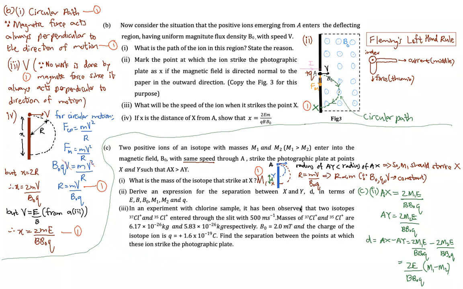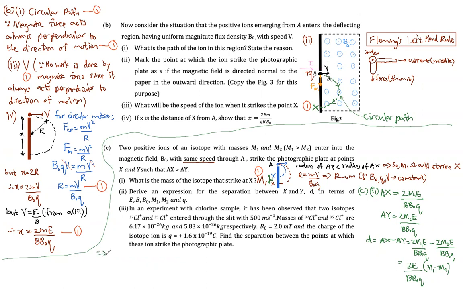M1 is bigger than M2. B naught is 2 microtesla and the charge of the isotope Q is plus 1.6 into 10 power minus 19 coulomb. When you have plus charge, it is the charge of a proton. Find the separation between the points at which these ions strike the photographic plate. Easy. They are asking for D, with the values provided to us.